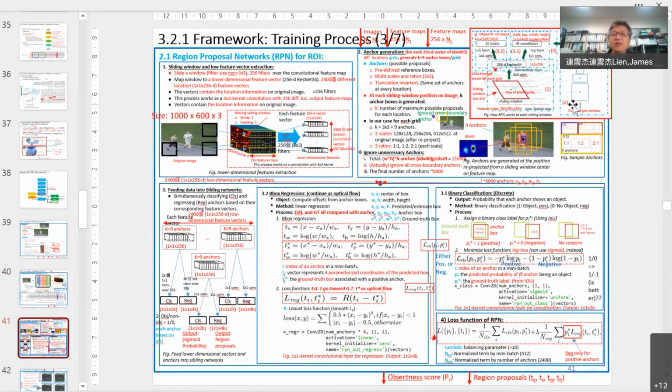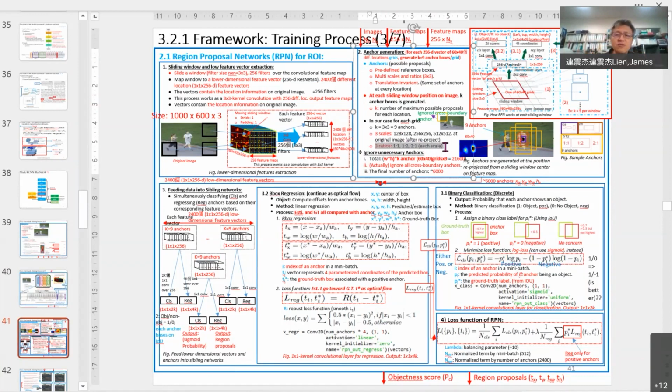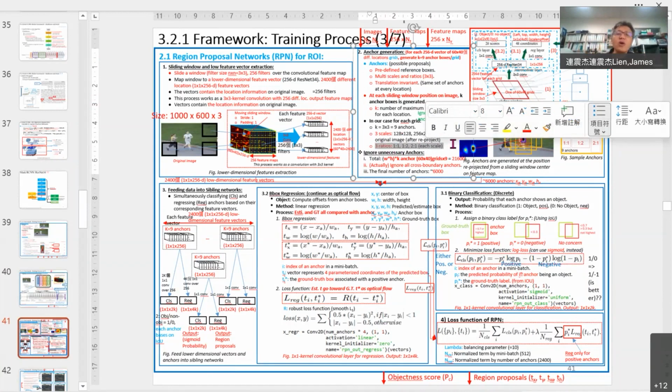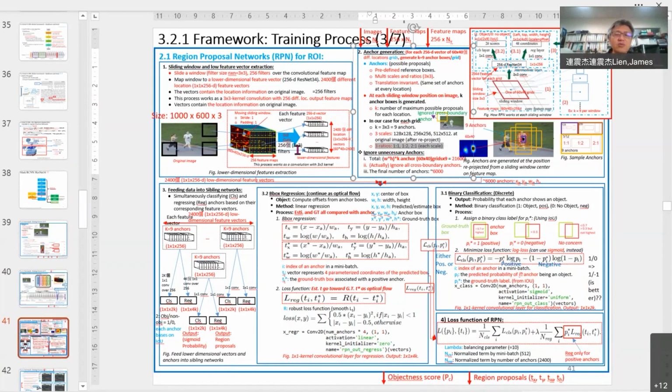We have 3 different kinds of scaling, and for each scale, we have 3 ratios: 1 to 1, 2 to 1, and 1 to 2. So for the bounding box, in total we have 9 anchors for each grid, 3 by 3. That's the region proposal network.